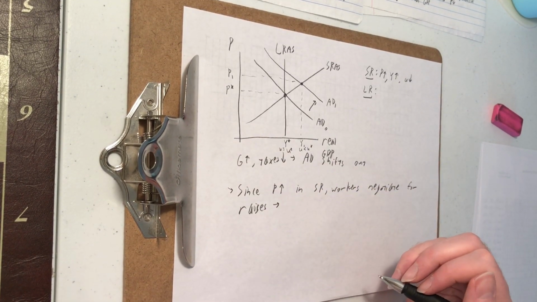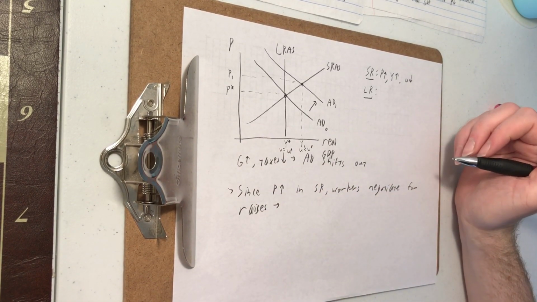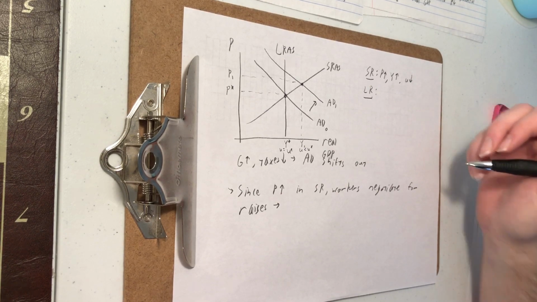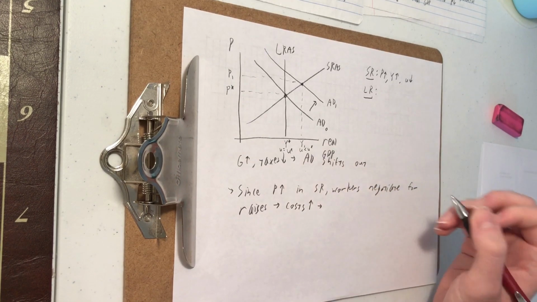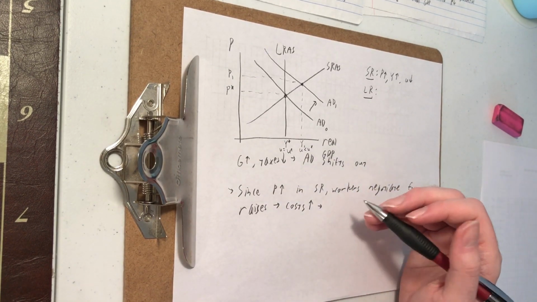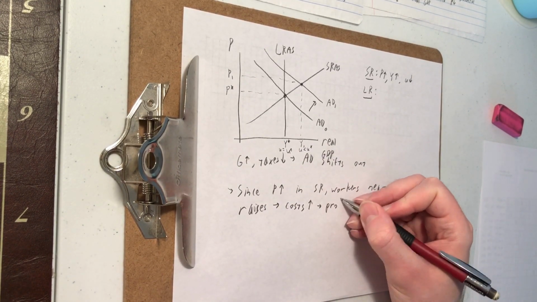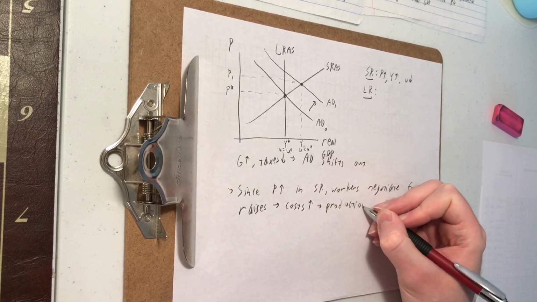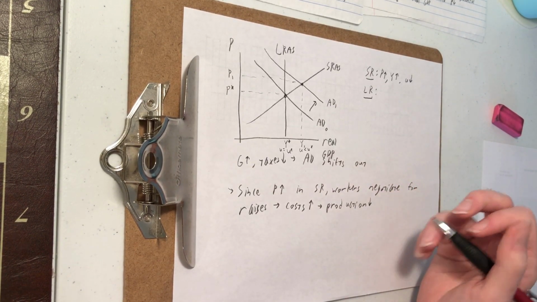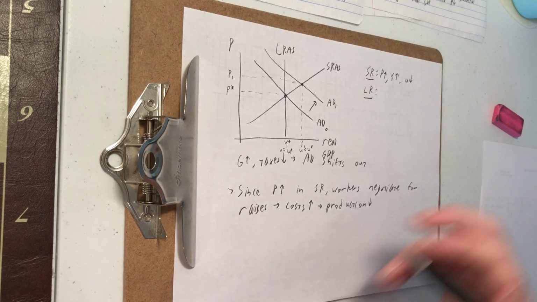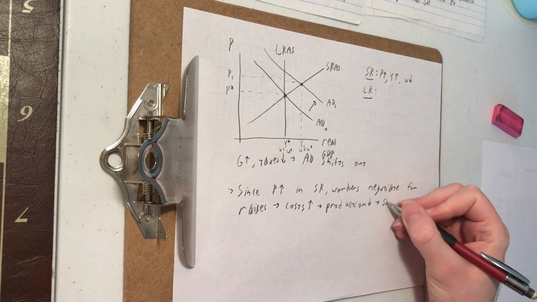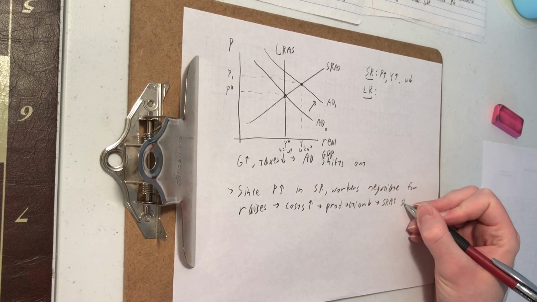If things got 5% more expensive, you're going to want to get 5% more money at your job. And that's going to mean higher costs for the firms. And firms respond to higher costs by slashing production. So some products that have been break even are now unprofitable, so you don't want to make them anymore. Firms produce less, SRAS shifts back.